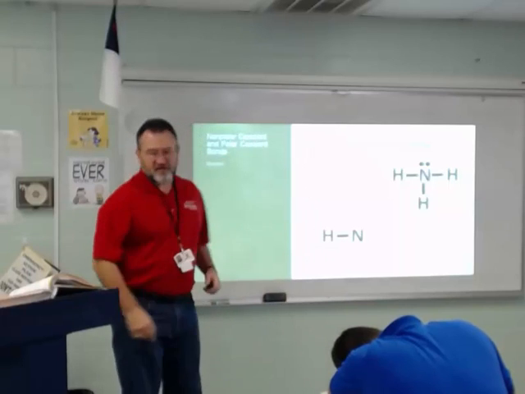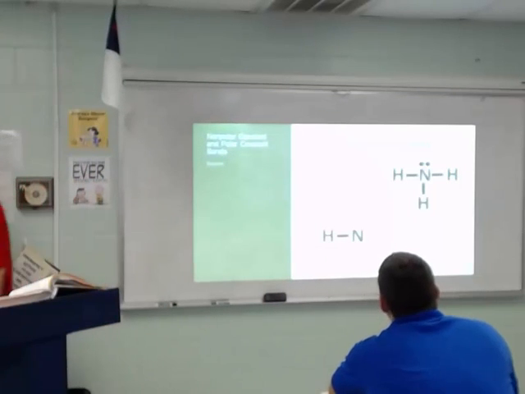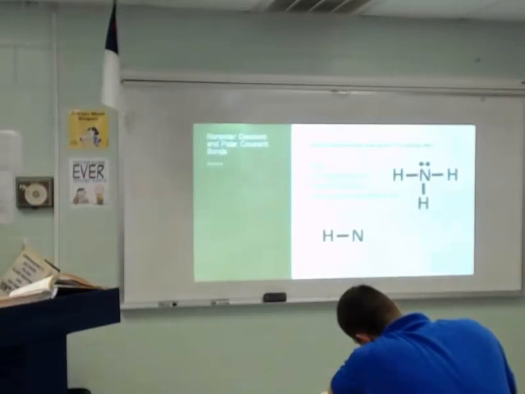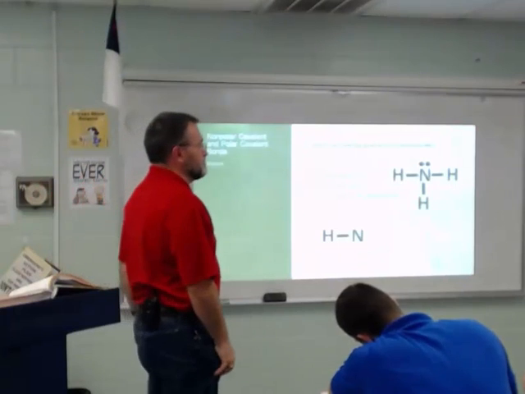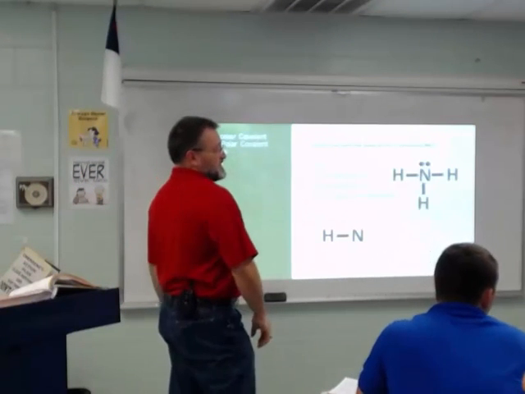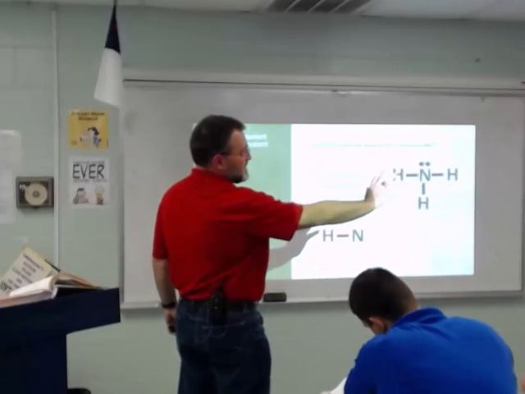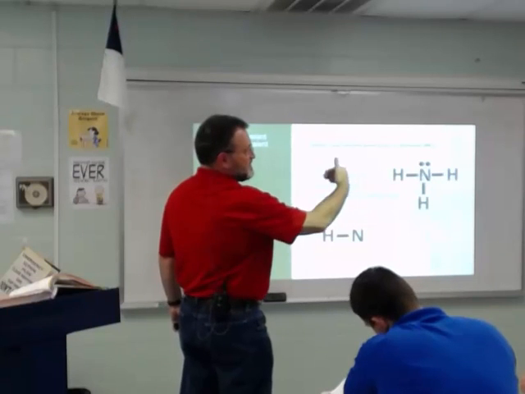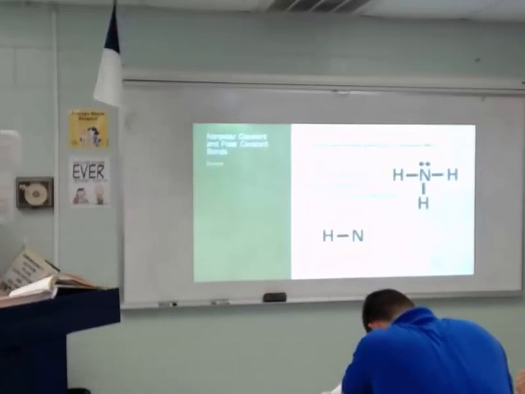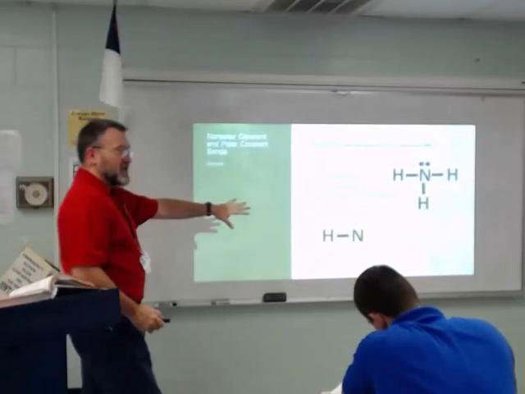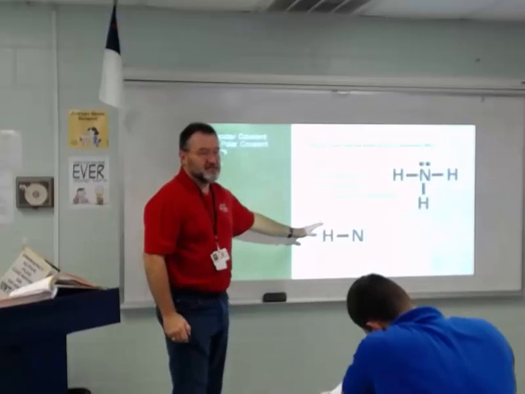Third, determine the greatest electronegativity. So which of those two elements has the higher electronegativity? Right, I would agree with nitrogen. Nitrogen is far to the right in column 5. Hydrogen is only one energy level higher, so the farther to the right outweighs the one up. And so we end up with nitrogen having a higher electronegativity.